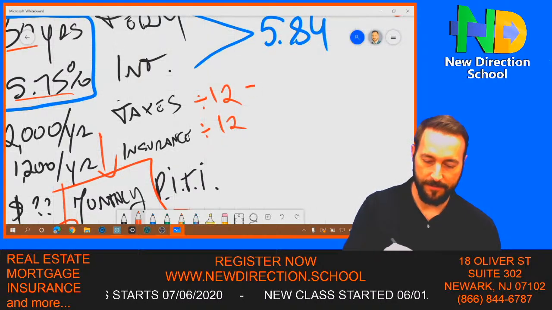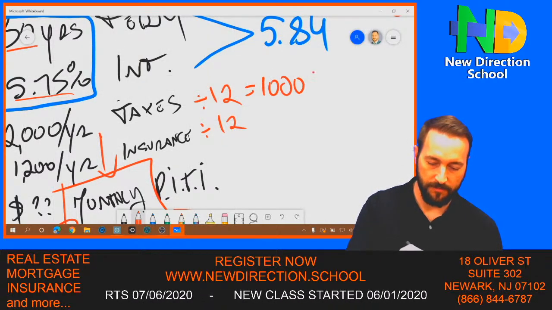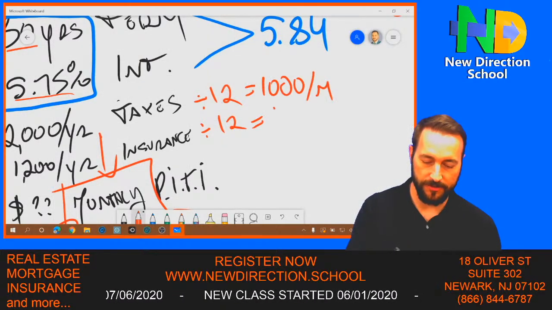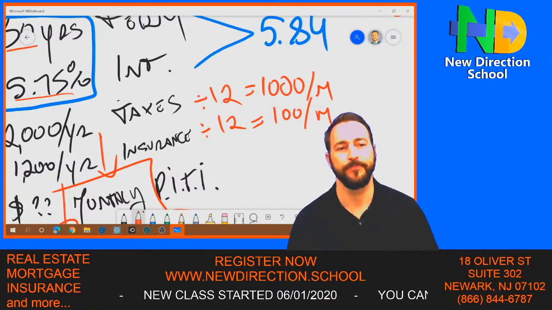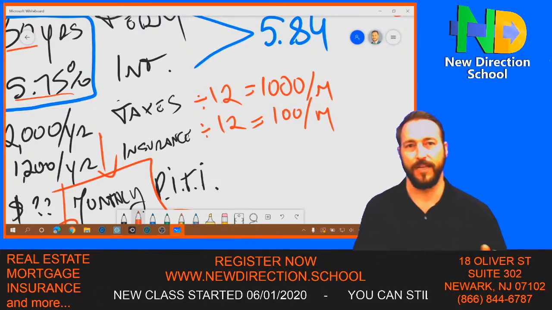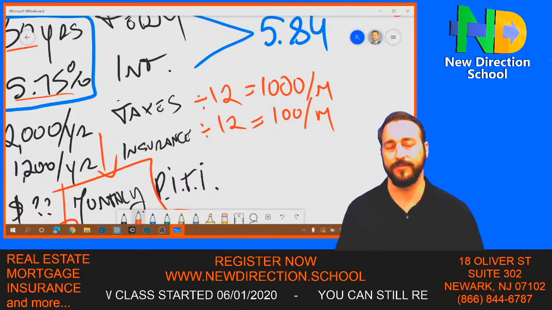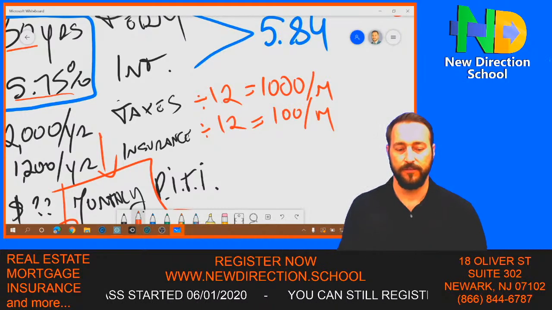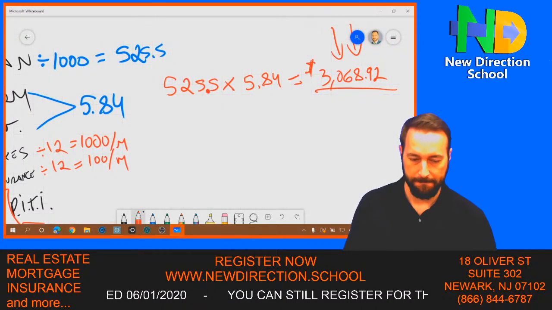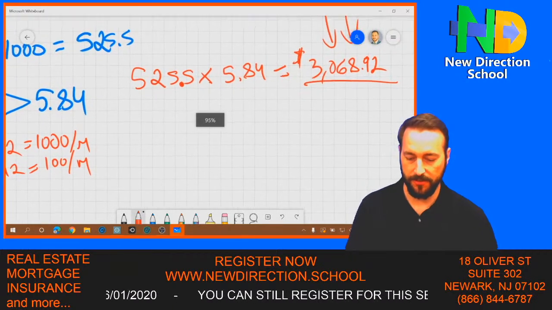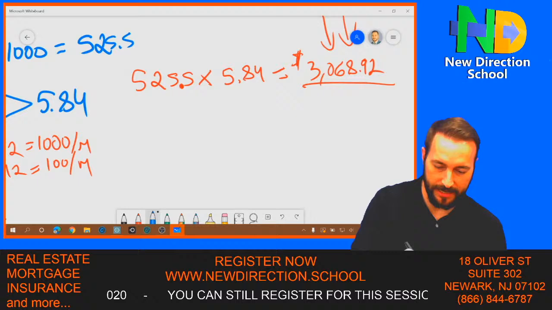So the taxes now become $1,000 per month and the insurance $100 per month. Okay? That's all you needed to do to figure out TI, taxes and insurance. You already have a figure of $3,068.92.